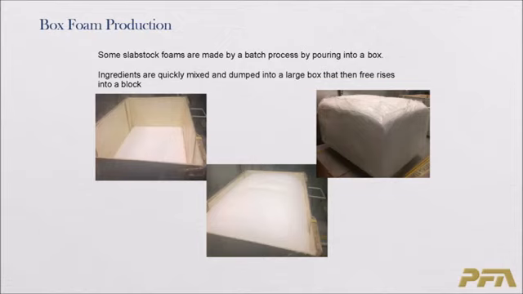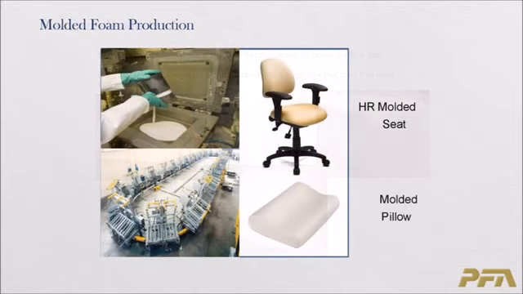That's still practiced today, mainly by very small companies or in developing nations, so you still can produce foam that way. Molded foam, as the name implies, is poured into a mold, and again, you'll hear more about that in the later sections, but that's how, like, a molded seat or a molded pillow is made.